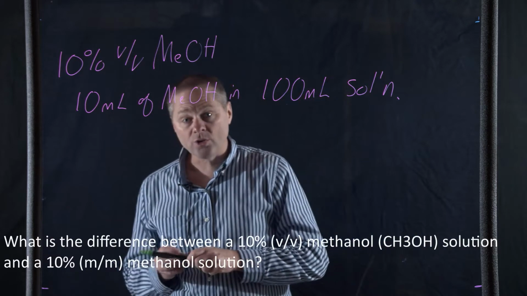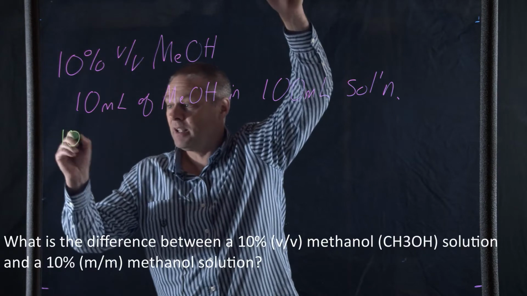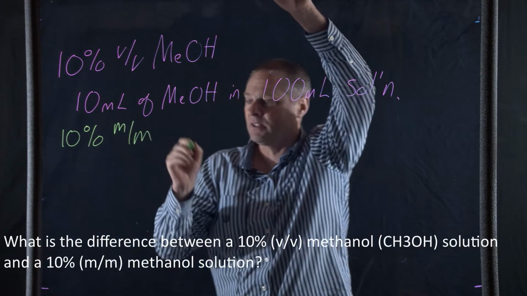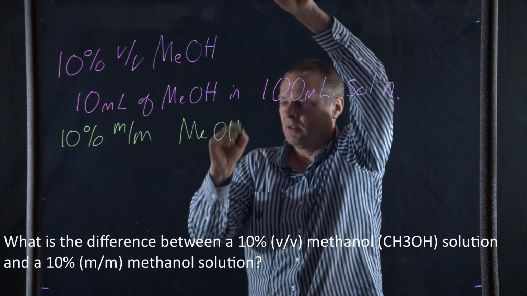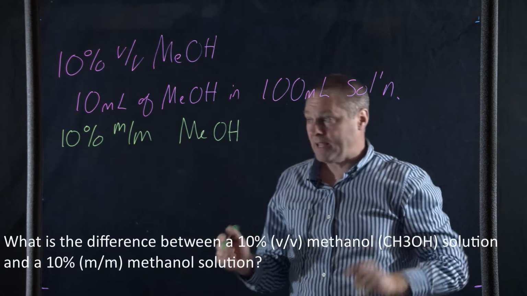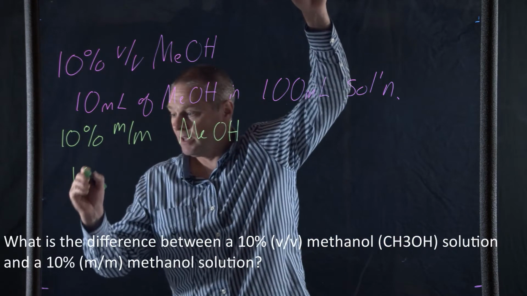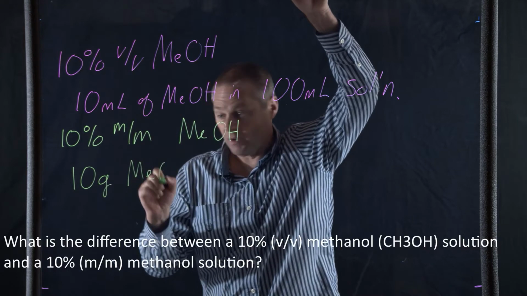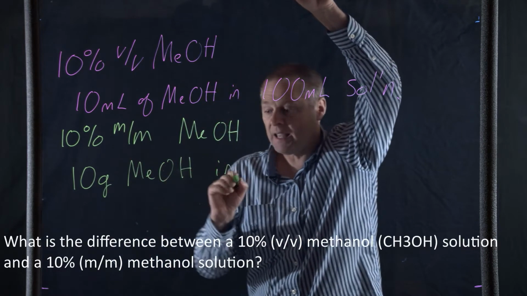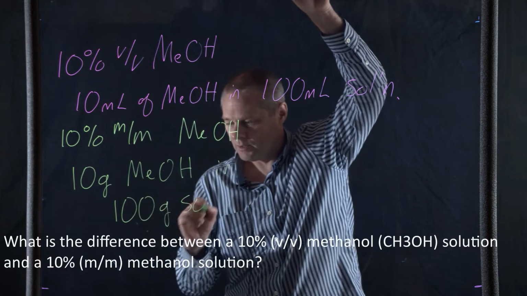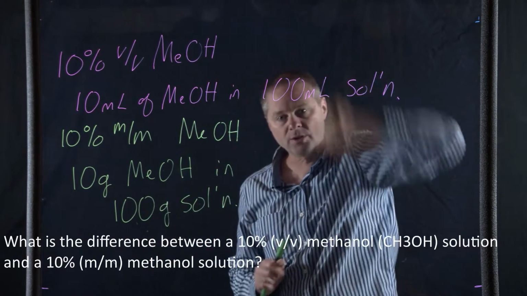As opposed to if we have a 10% mass by mass of methanol, what that means is that we're going to have 10 grams of methanol in 100 grams of solution.